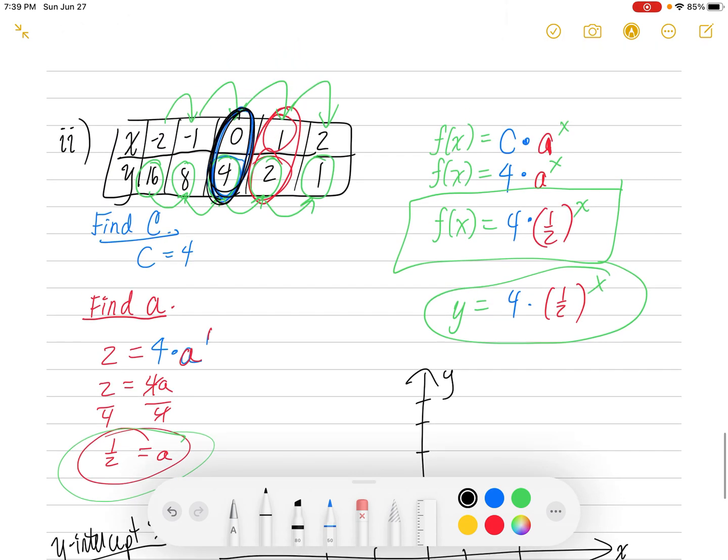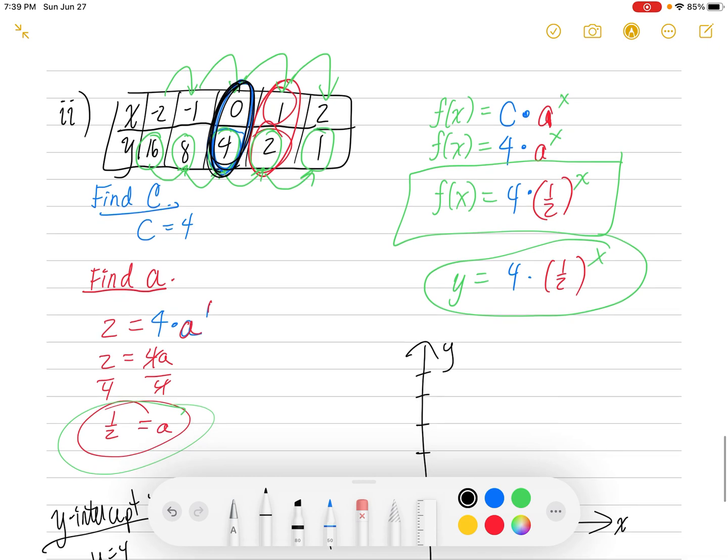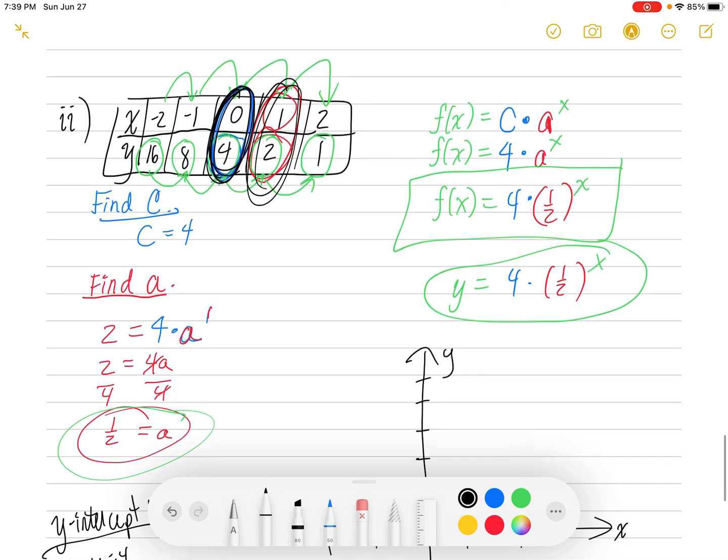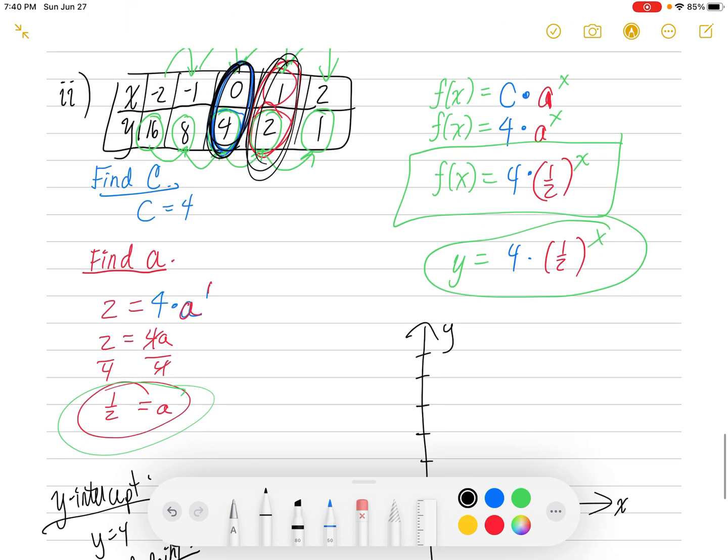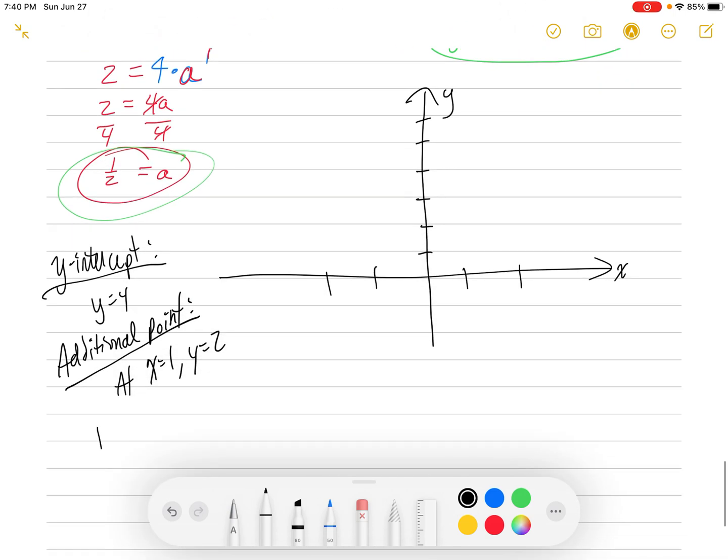Okay, y-intercept here is 4. Right, because 0, 4 is a point. And then we're going to take an additional point. Additional point is 1, 2. At x equals 1, y equals 2, and then what else?